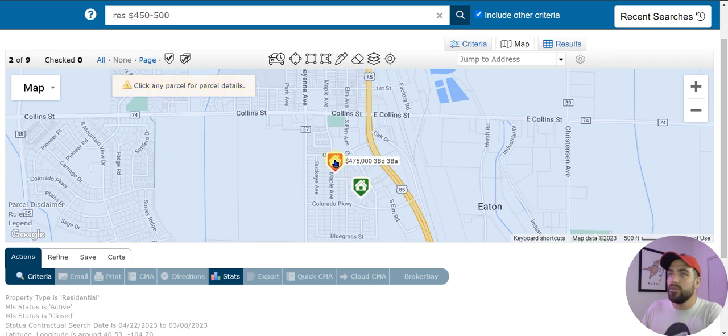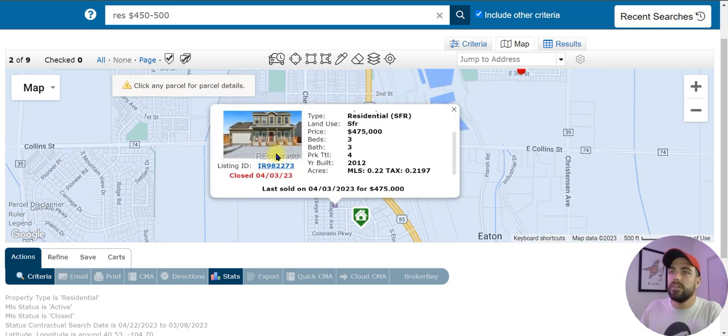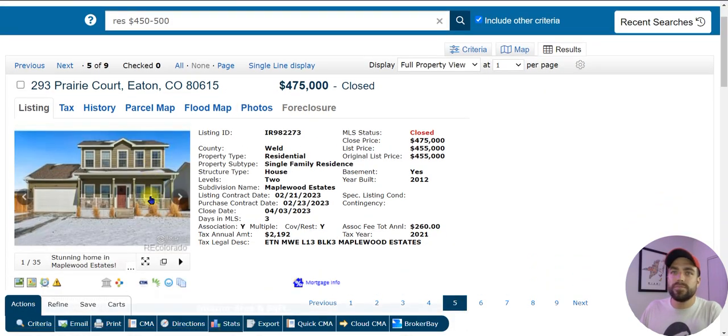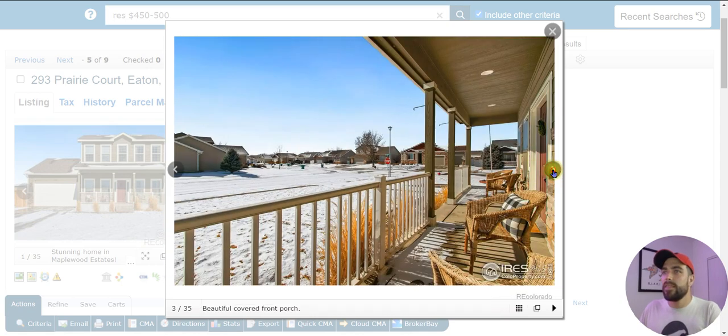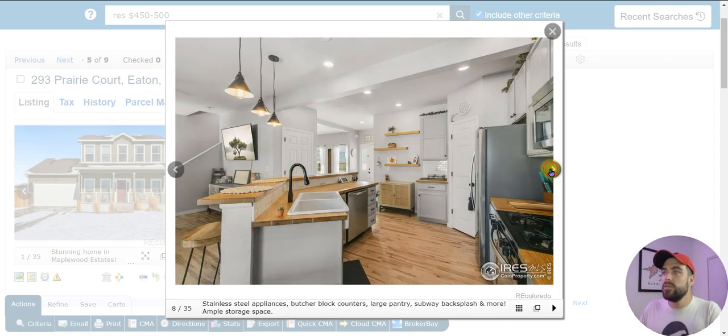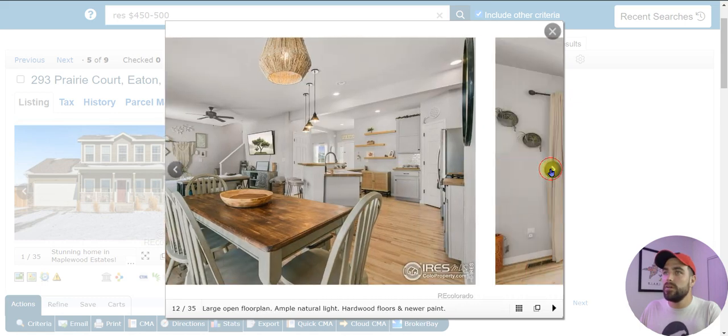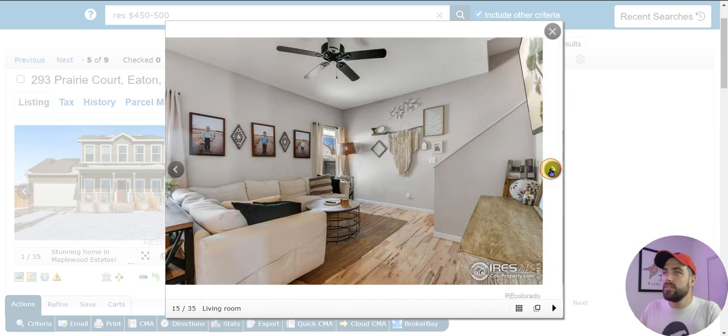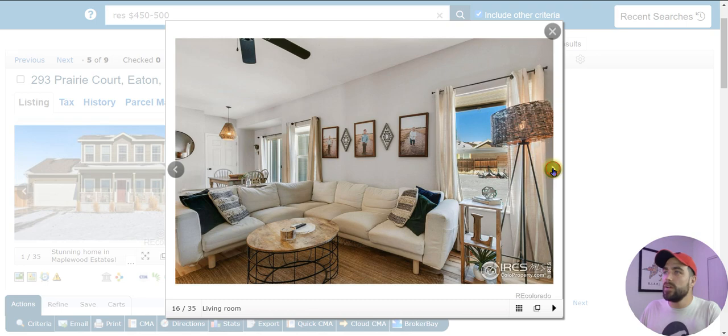Let's look at these. So one sold for 475, one's on the market for 475. This one is a 5-bedroom, 3-bath. This one that sold is a 3-bedroom, 3-bath. So let's look at this first. So it's 2 stories. It's a newer home, so some updates in the flooring and the appliances.